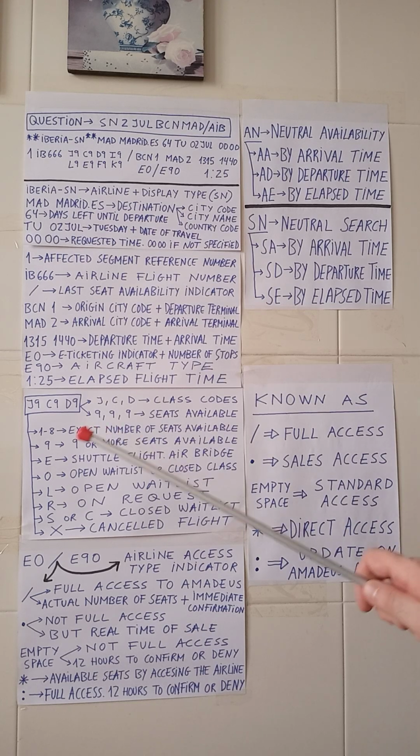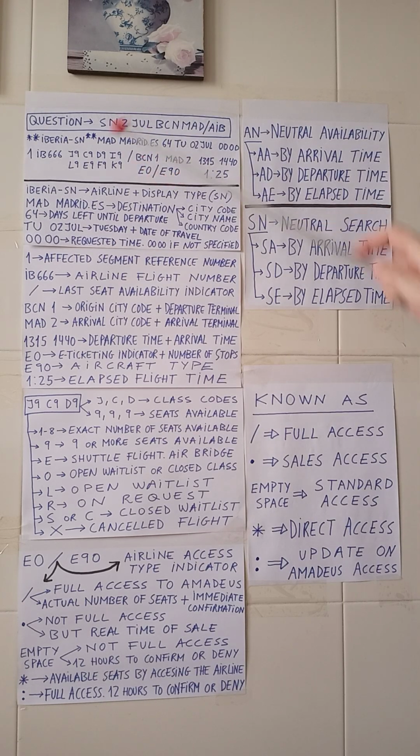S or C would appear replacing the number of seats in a specific class when we have the waiting list closed with no seats available. X would appear replacing the number of seats in a specific class when we have a cancelled flight. Now I am going to explain the area of the screen where you can see E0/E90. Okay?